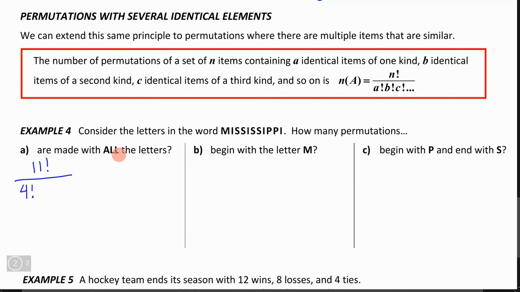So 4 factorial because we have 4 i's, 4 factorial because we have 4 s's in this word, Mississippi, and we have 2 factorial because of the repetition of the letter P, so 2 P's. Okay, and carrying this out will leave me with an answer of 34,650 arrangements.